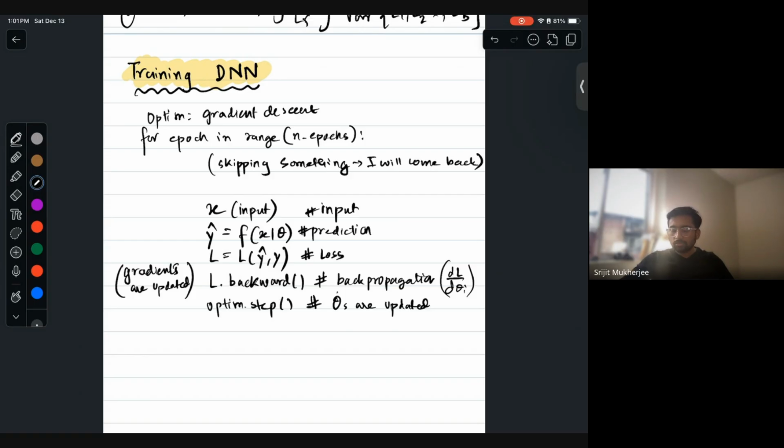And then you do optim.zero_grad, if I'm correct. Essentially, you remove gradients for the next step.